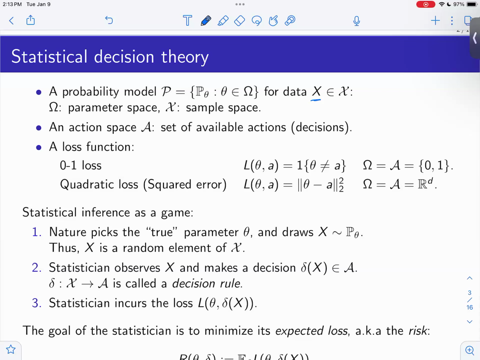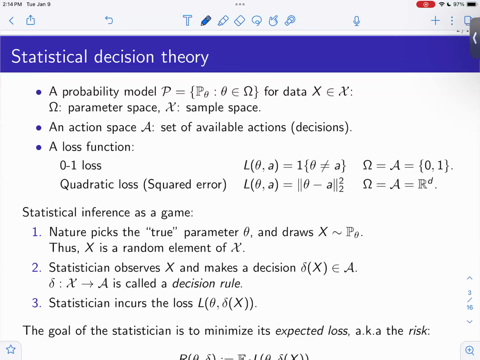The idea is that later we'll see I'm going to draw x from p theta. This script x is the sample space. Omega is the parameter space. So we have a sample space from which the data is drawn, and a parameter space which specifies which probability distribution we use to draw the sample from.